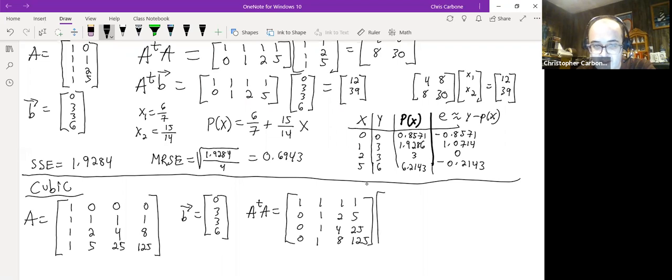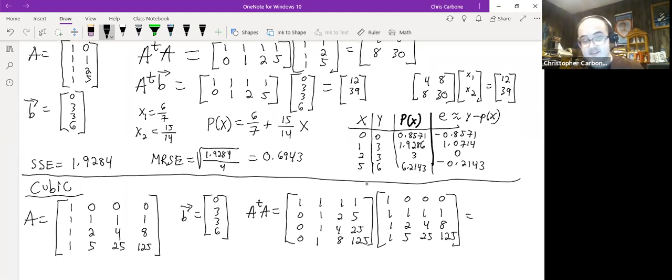Again, times our matrix A. So this would be 1, 0, 0, 0, 1, 1, 1, 1, 1, 2, 4, 8, and then 1, 5, 25, and 125.